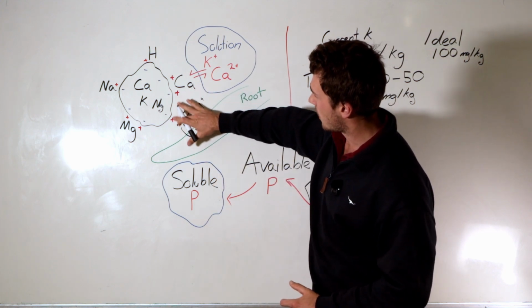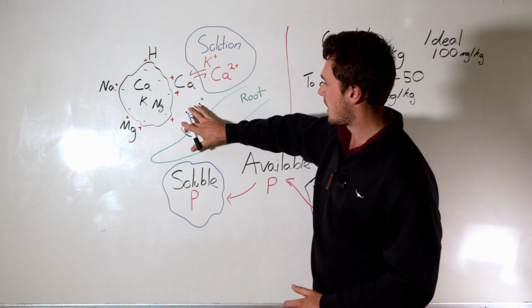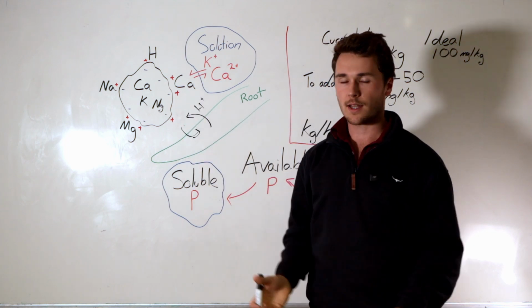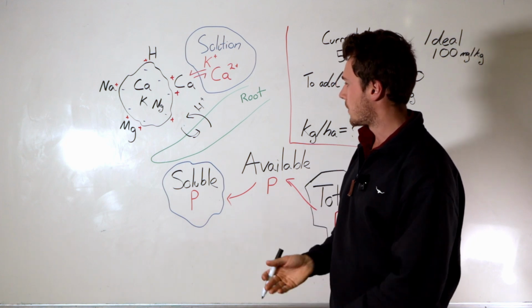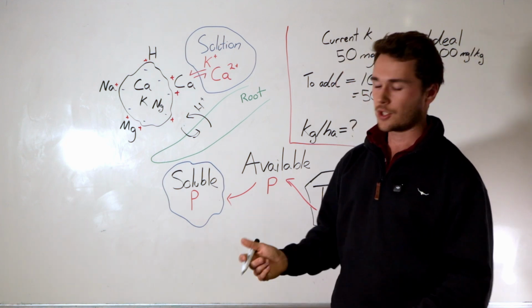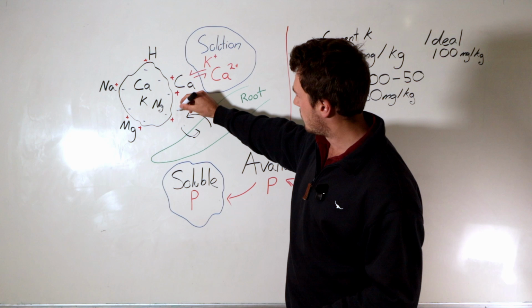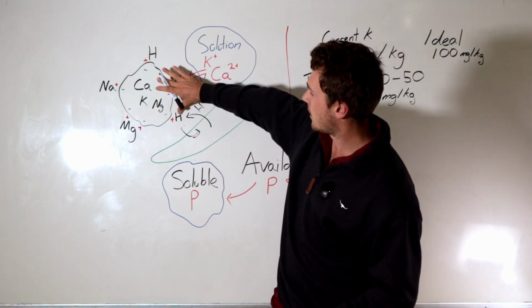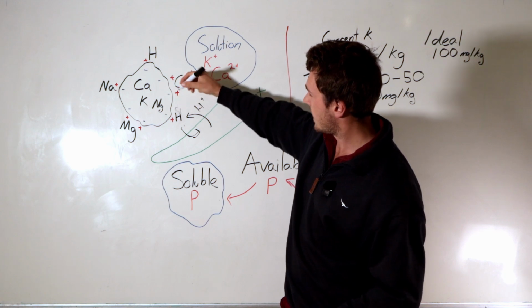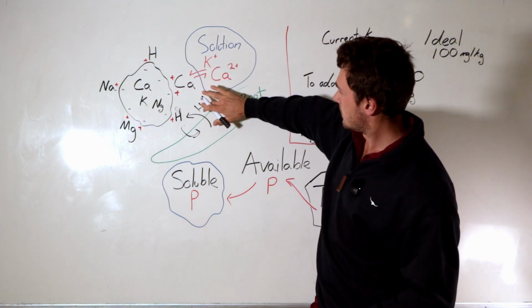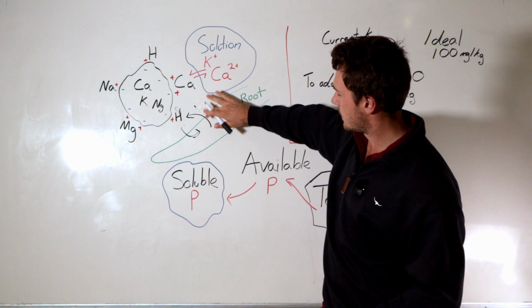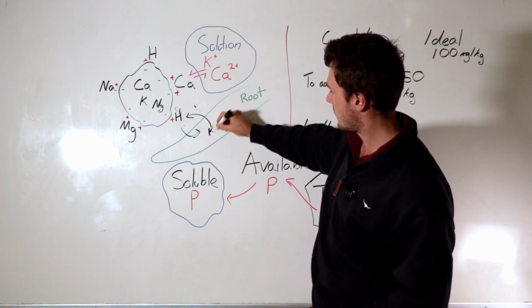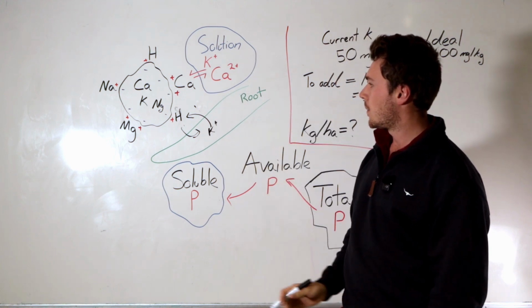So this is what happens over time, which is why we see soils that have been farmed quite heavily with no nutrition added back, you then get a buildup of hydrogen on the clay colloid, which increases acidity. So then our hydrogen goes there, our plant takes that potassium, which is great for that.